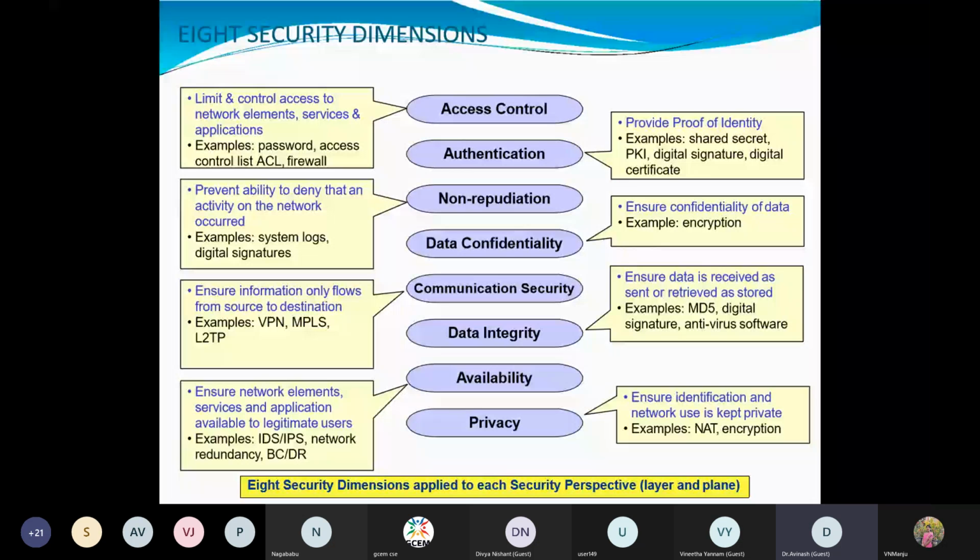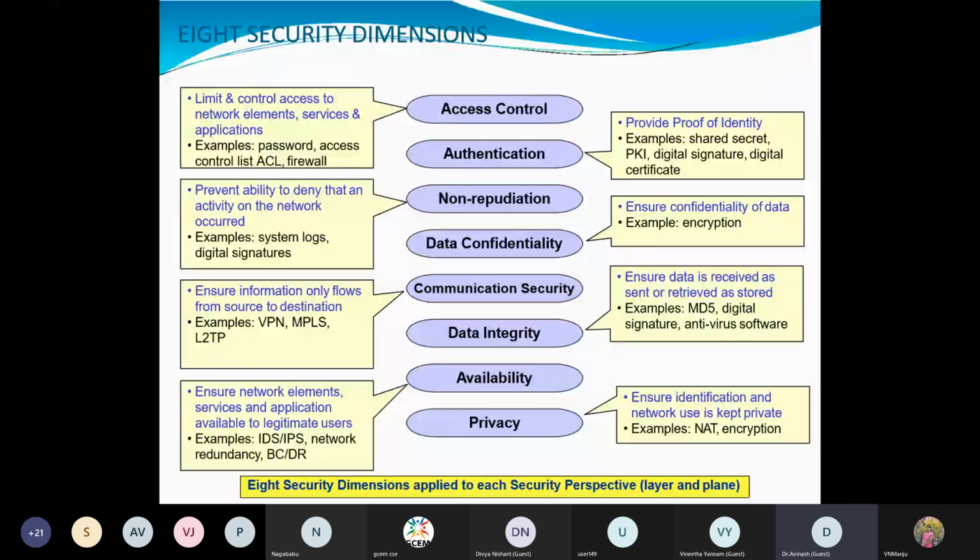Then the next one is the data confidentiality process. In this, we ensure the confidentiality of the data. For example, if we use any kind of hashing algorithm, say SHA, or any of the algorithms available for the purpose of encryption, then this is called the process of data confidentiality.